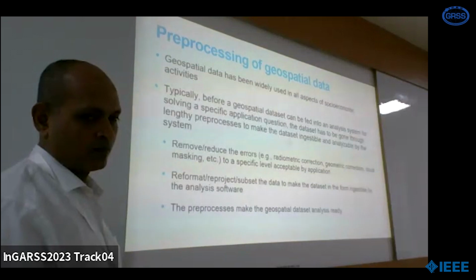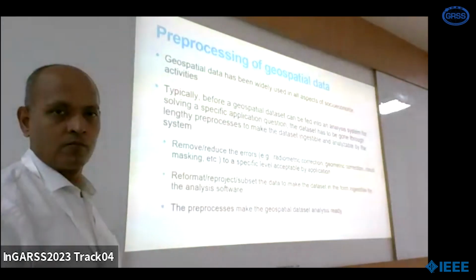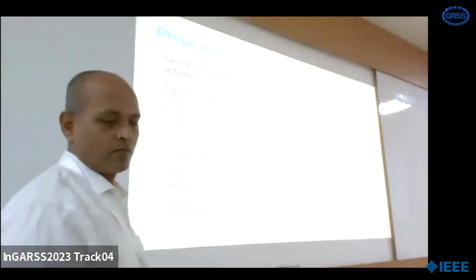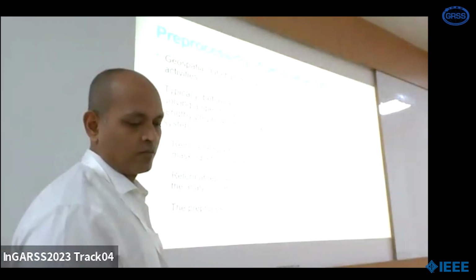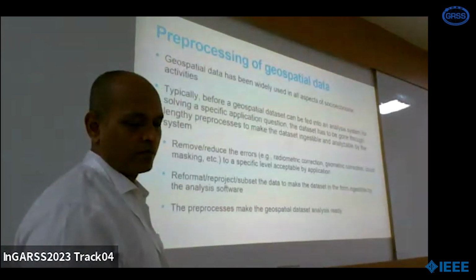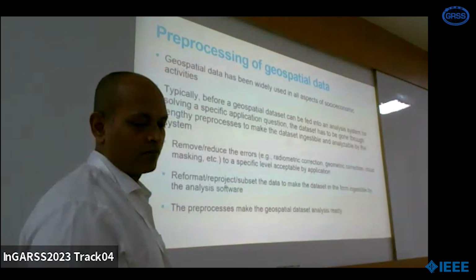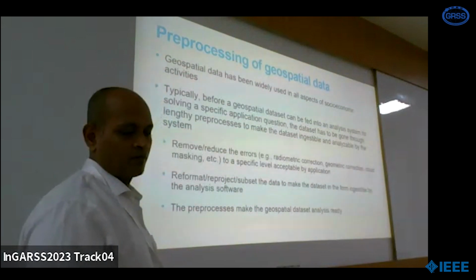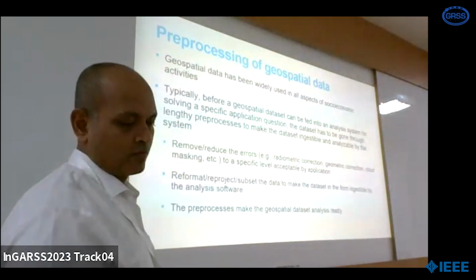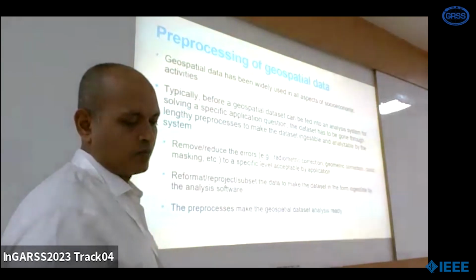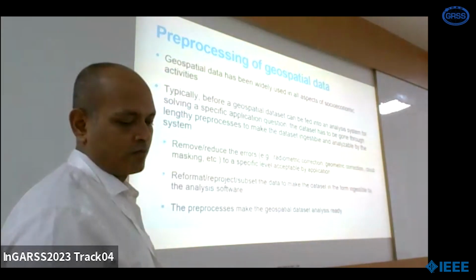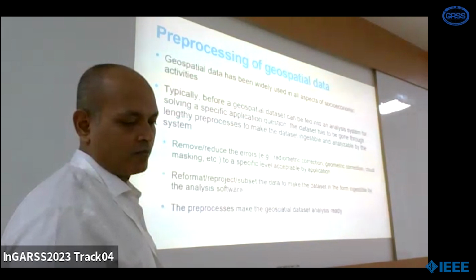But typically, before we use a geospatial data set, we have to do a lot of pre-processing before the data set can be fed into applications that produce useful information for the evaluation of applications.